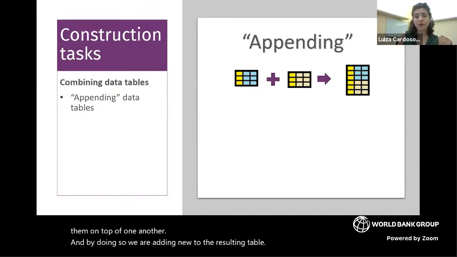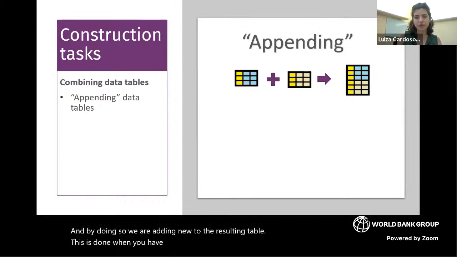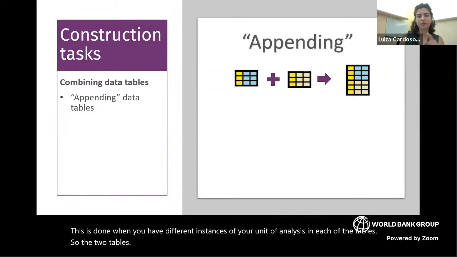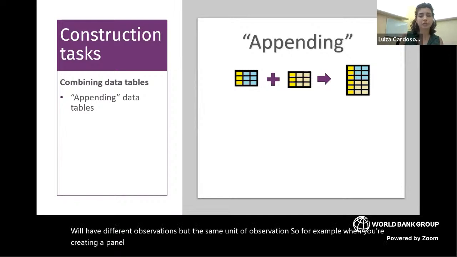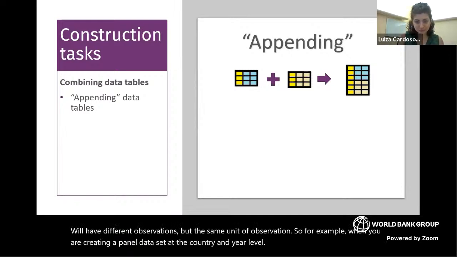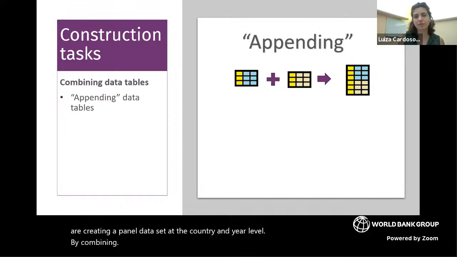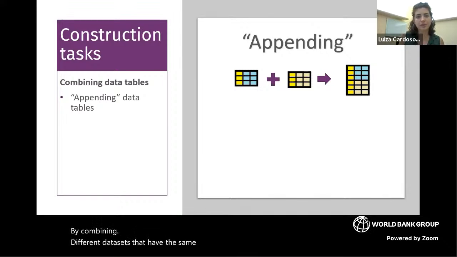This is done when you have different instances of your unit of analysis in each of the tables. So the two tables will have different observations, but the same unit of observation. So for example, when you're creating a panel data set at the country and year level, by combining different data sets that have the same countries, but different points in time.